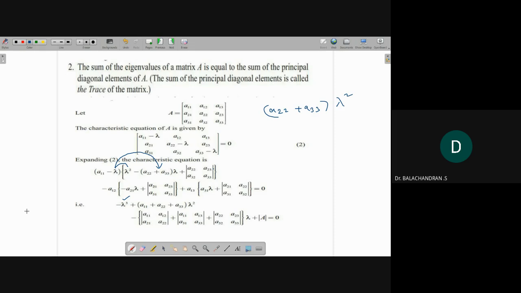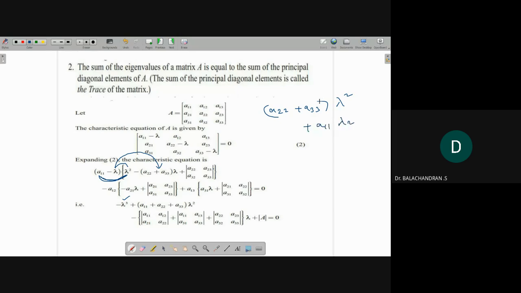Similarly, I'm going to check where I have the lambda square term. If I multiply these two, what will you get? Lambda square. So plus A11 lambda square.